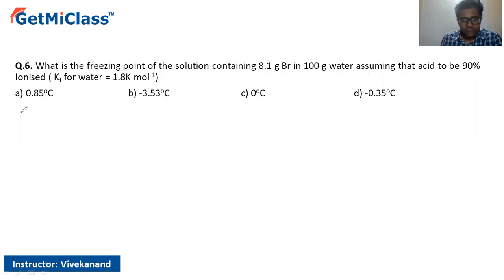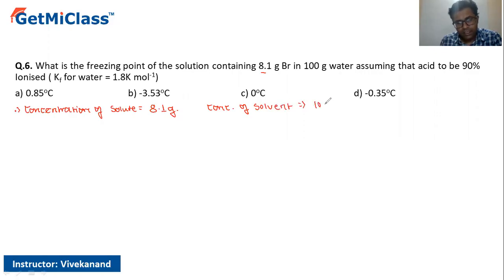Well, in this entire scenario, let's take this one. The first point that we know is the concentration of solute is 8.1 gram, right? Now, concentration of solvent is 100 grams.